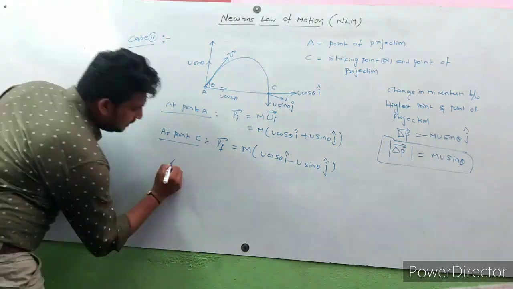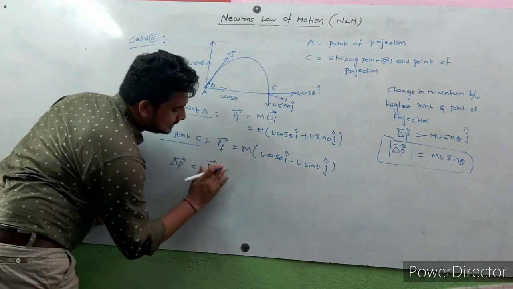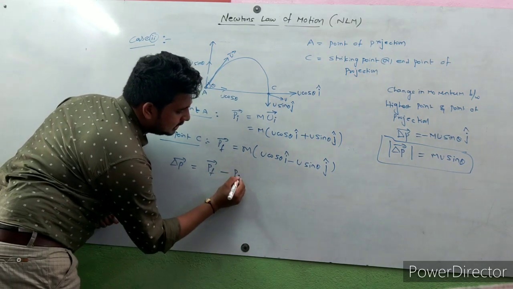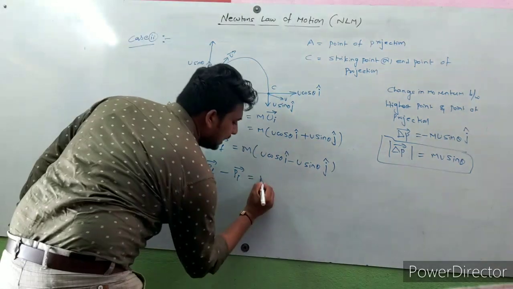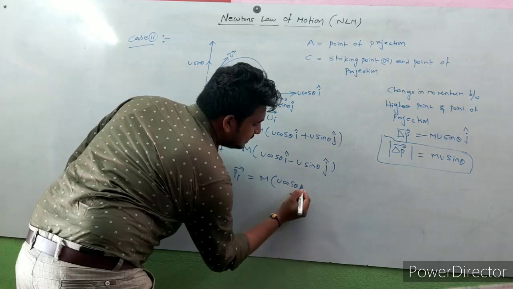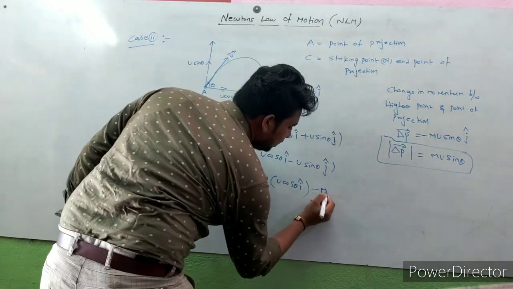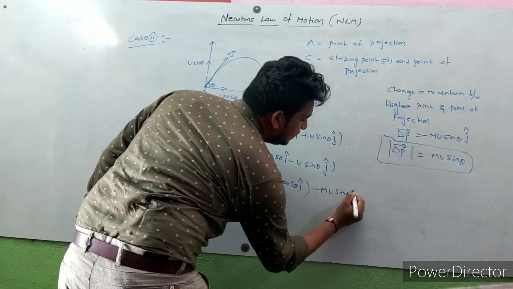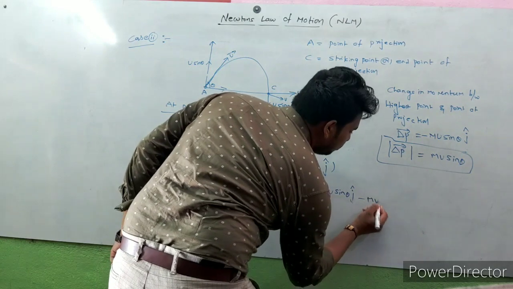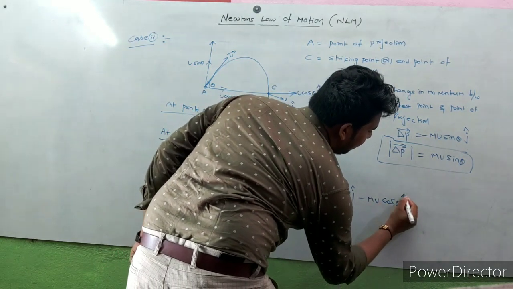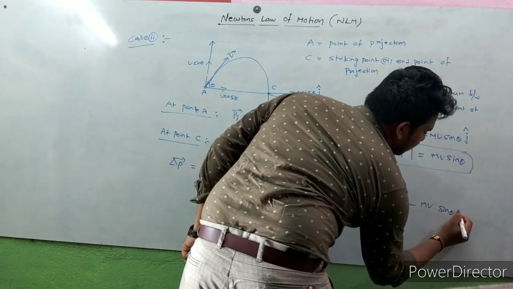Then change in momentum, delta p bar is equal to pf bar minus pi bar, from this m into u cos theta i cap minus m into u sin theta j cap, minus m into u cos theta i cap minus m into u sin theta j cap.